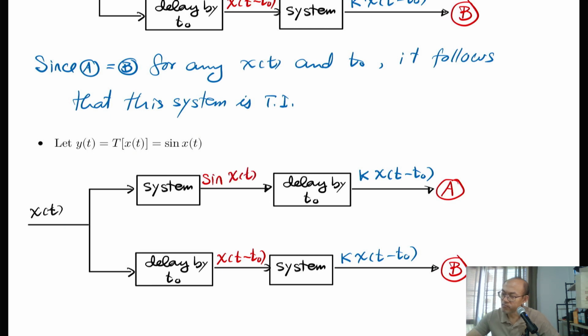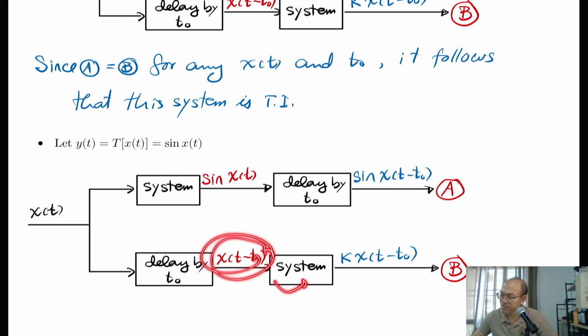And then we delay this signal by t0. We know from chapter 1 that to delay is to replace t with t minus t0. So I have sine of x(t minus t0). Now let's look at the lower path. We delay x here first, so we get this one, right? And then we put this into the system.